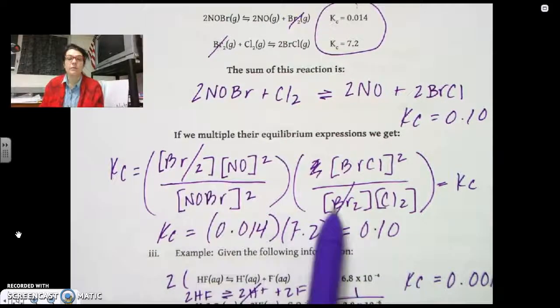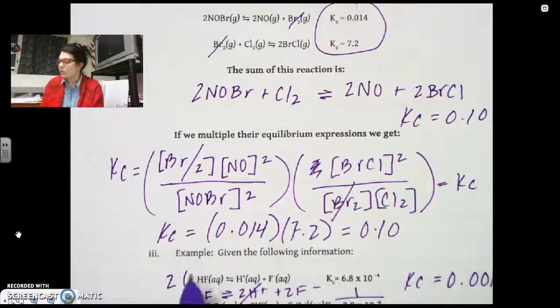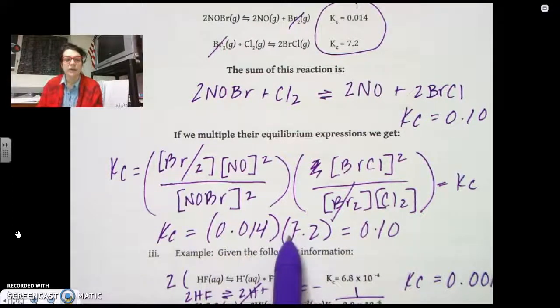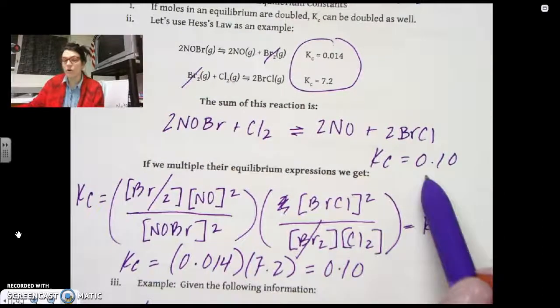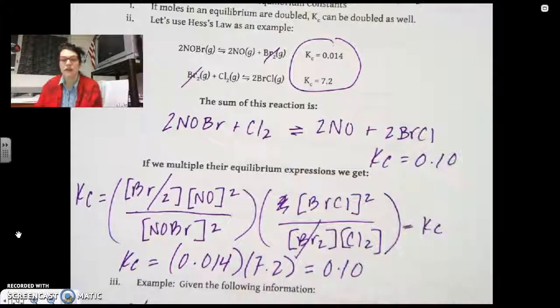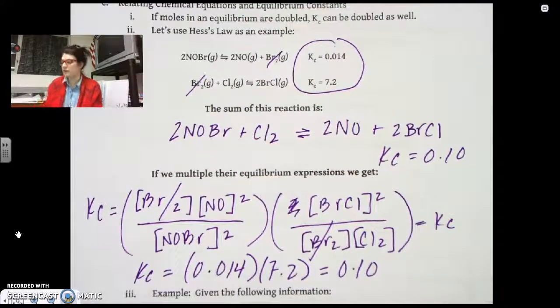So if I have a top and a bottom, they cancel each other and it just becomes 1, which means in order to get the overall Kc for both of the reactions together, we multiply them. So I would do 0.014 times 7.12, and so the equilibrium constant for the overall reaction for these two is going to be 0.10.